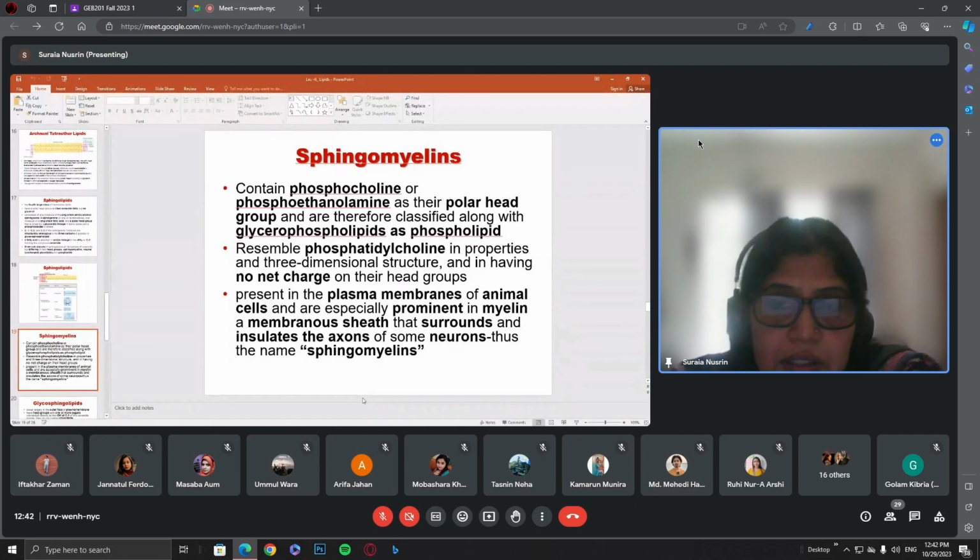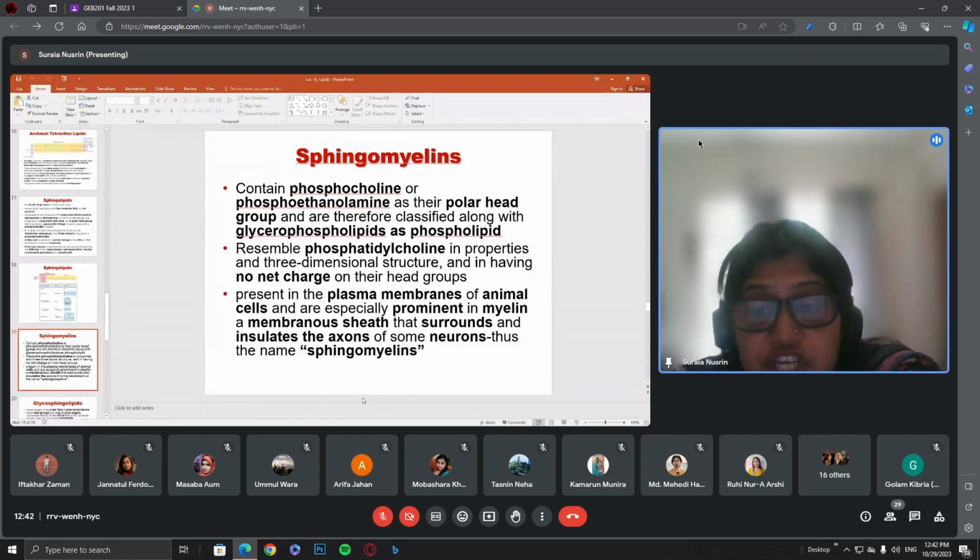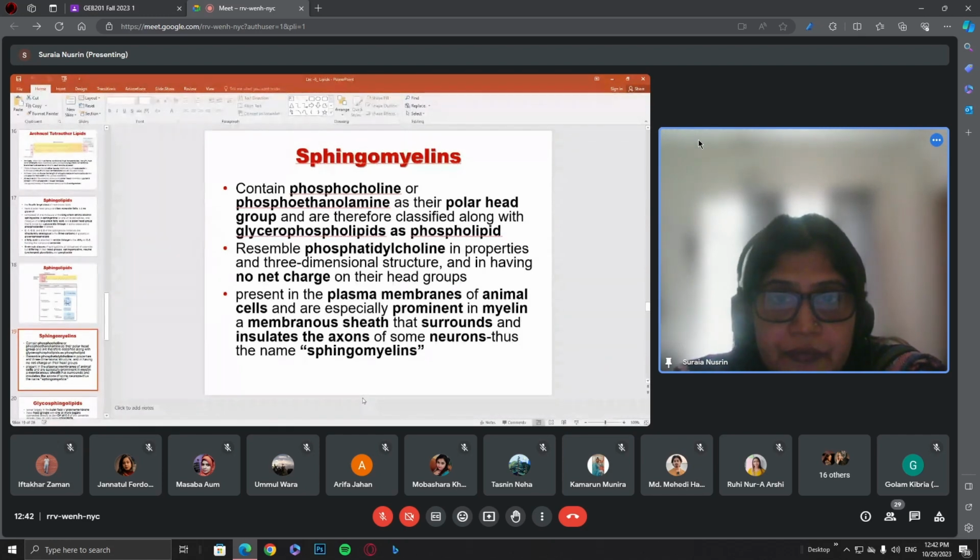the normal cell. It has a long projection called the axon, and that axon is surrounded by a membrane. That membrane, or layer, is called myelin, which is rich in this particular sphingolipid known as sphingomyelin.